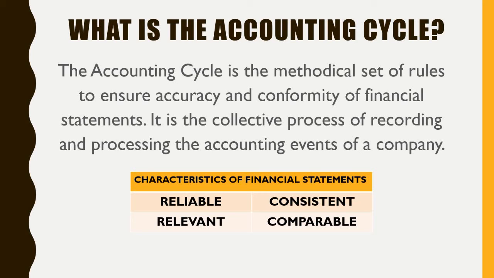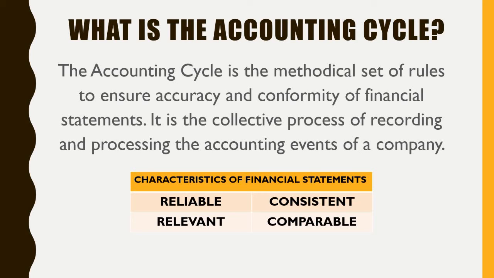Well, our number one rule is to make sure that our debits match our credits, right? But when we dive into doing the financial statements, that's where all your calculations come together, and it needs to be in perfect unison, as in we need to follow the accounting equation, right? We need to follow those guidelines, and we also have other rules as well. Okay, so it's also a collective process of recording and processing the accounting events.